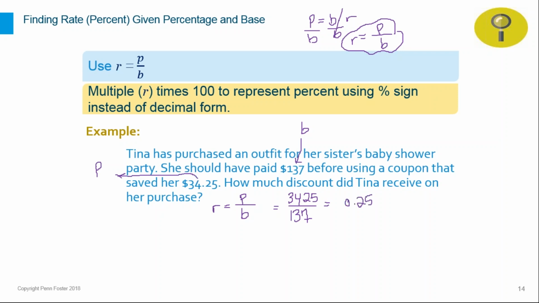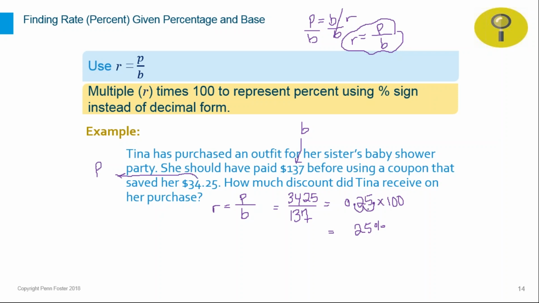0.25. If you talk to your friend and say, well, I got a 0.25 discount on my shirt, they're not going to probably understand what you're talking about. But you need to multiply that times 100 to say, well, I got a 25% discount on my shirt. So when you multiply a decimal times 100, you shift the decimal point twice to the right, 1, 2, and that would be here.